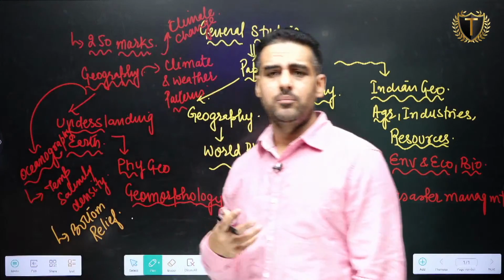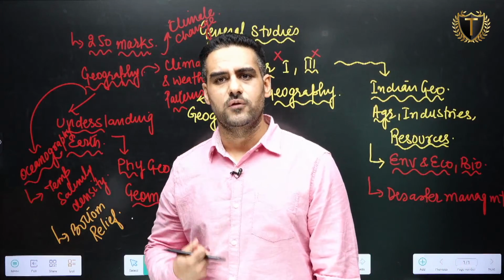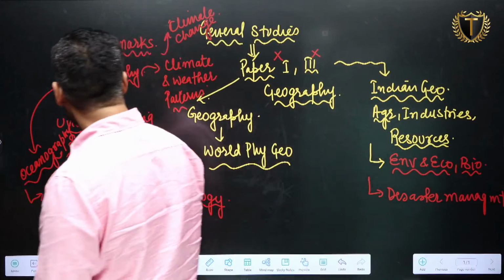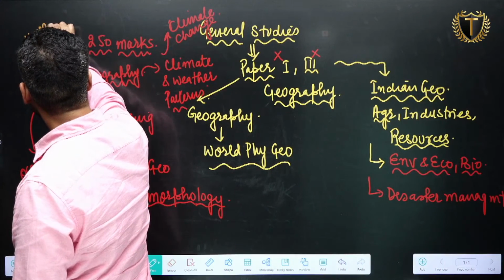So this is the physical component of geography. We'll not only discuss it for India, we will discuss it for the whole world. Similarly, there is another part which is called human geography.